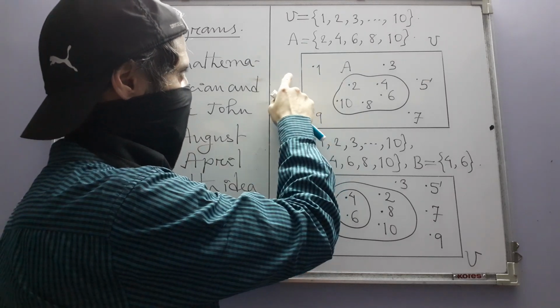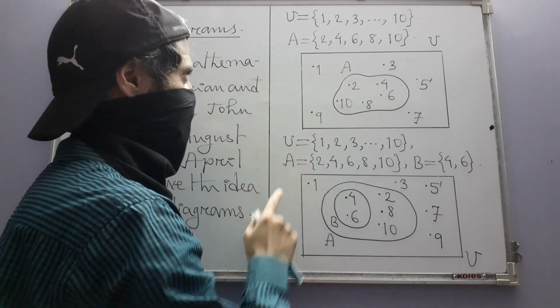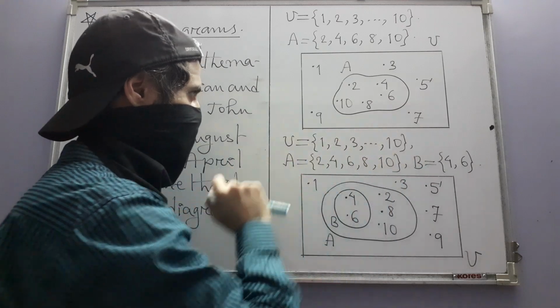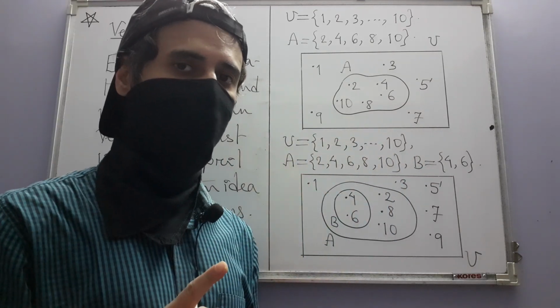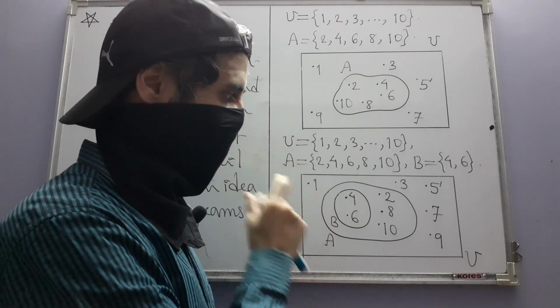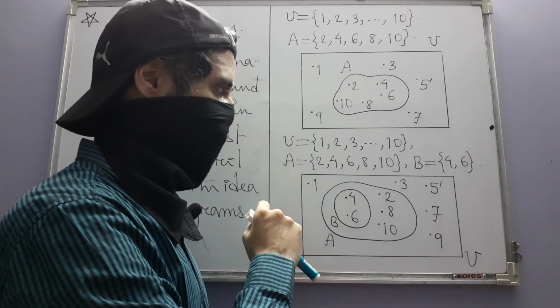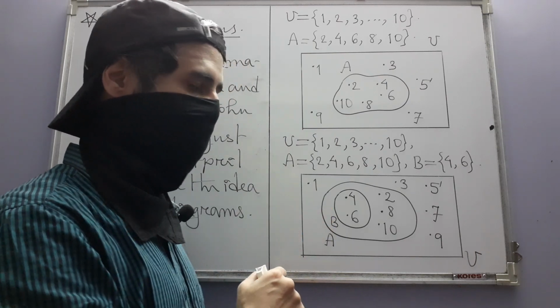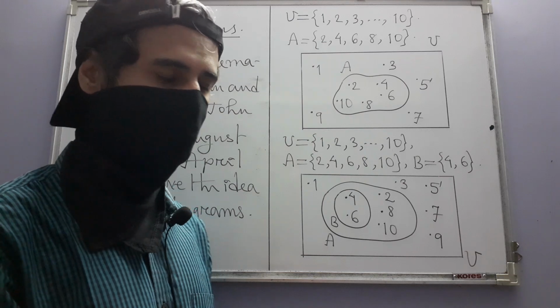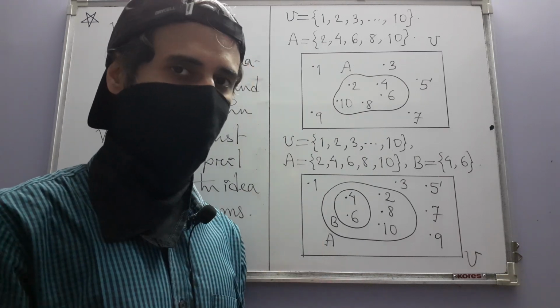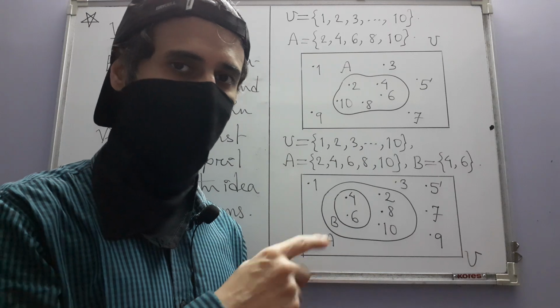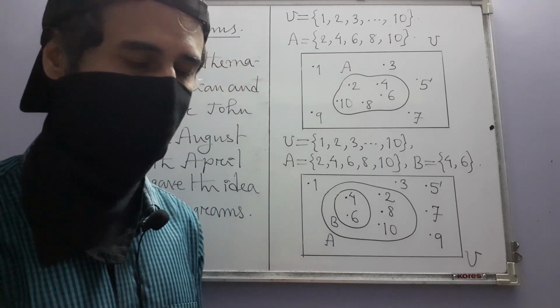To represent these two sets pictorially, first we draw a rectangle. You may remember that in the previous video we said towards the end of our discussion that when we represent sets as Venn diagrams, then universal sets usually are represented by rectangular or square regions.